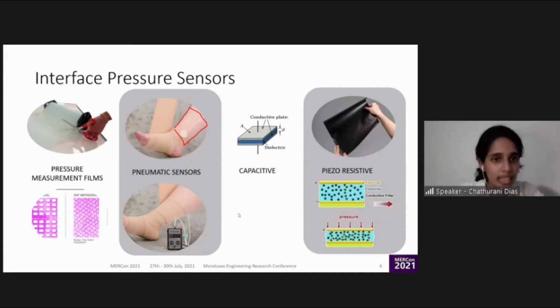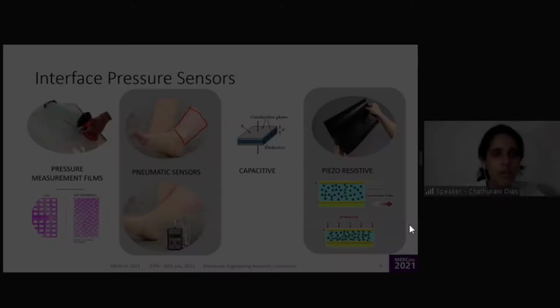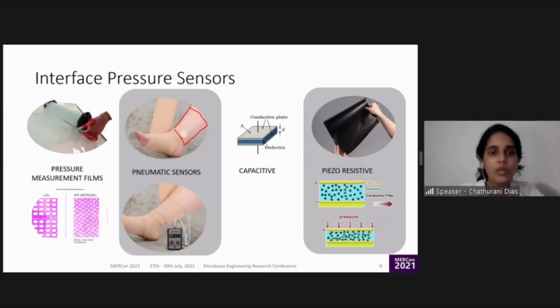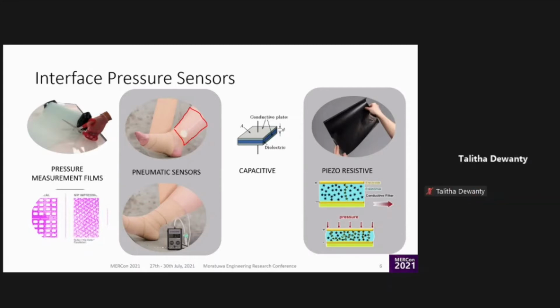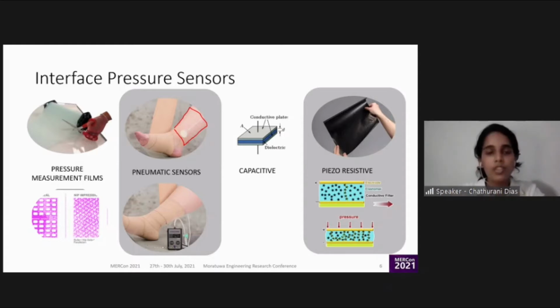And the second method is actually a pneumatic sensor. So this has an air pouch, which is connected to an air sensor through an air tube. This actually gives highly accurate readings because of the use of air sensing.